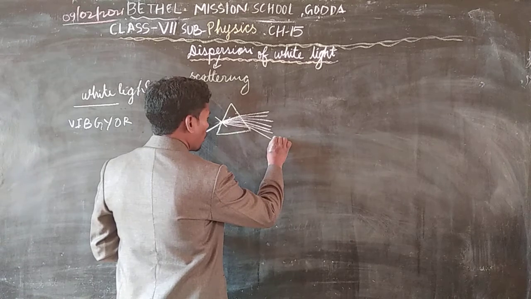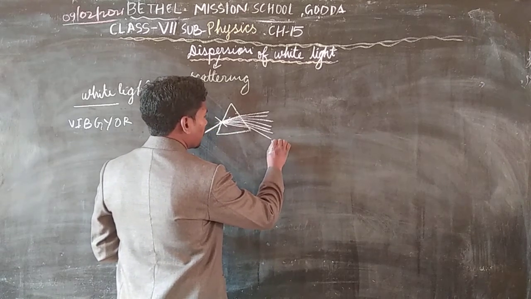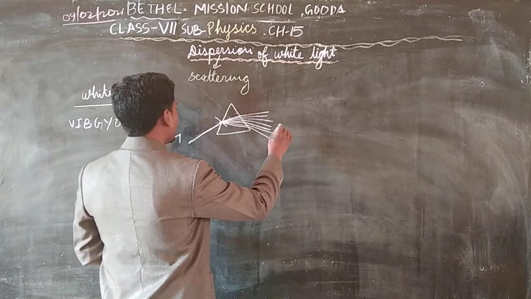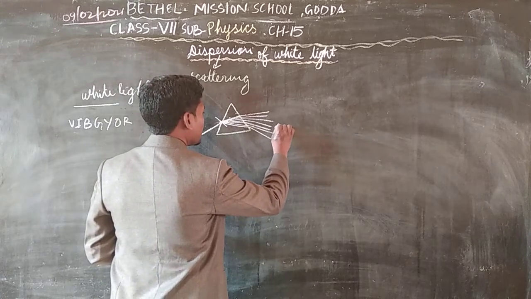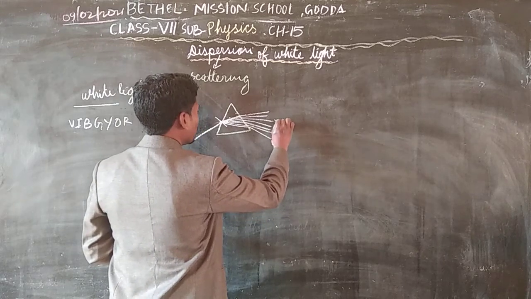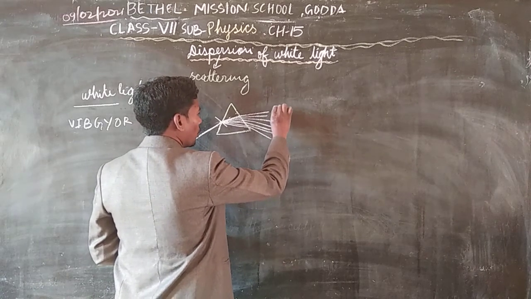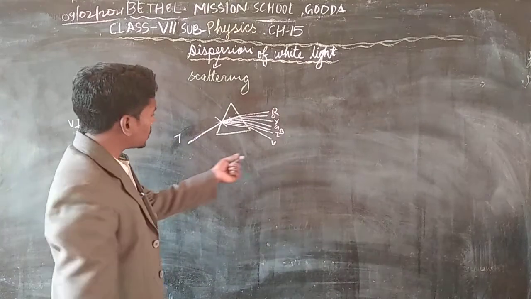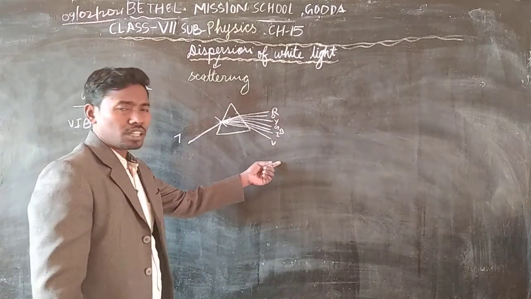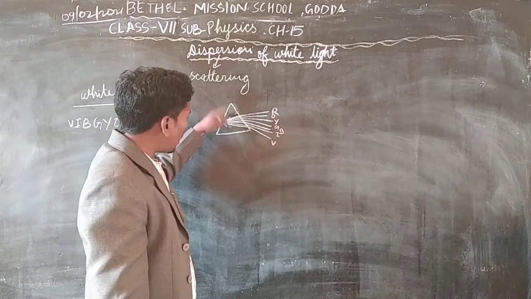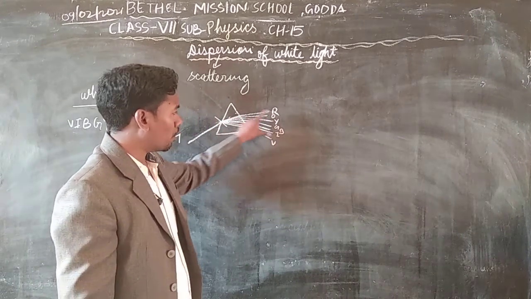This is your violet, then indigo, then blue, then green, then yellow, then orange, and then red. This is the order of the colors that show up after scattering.